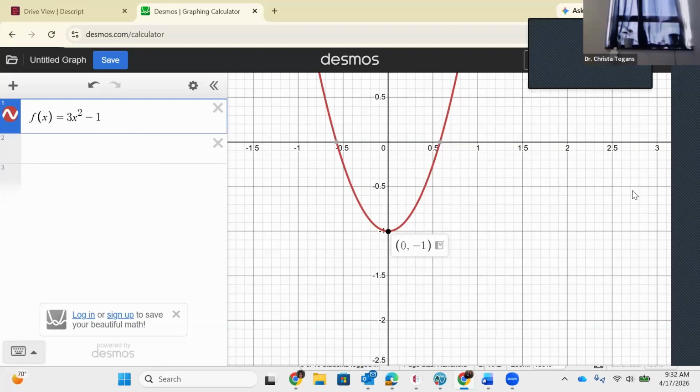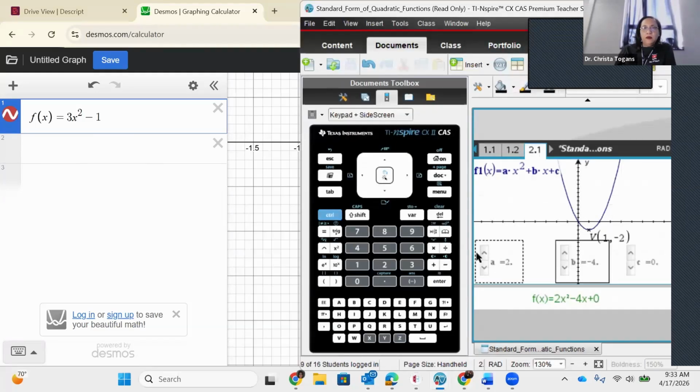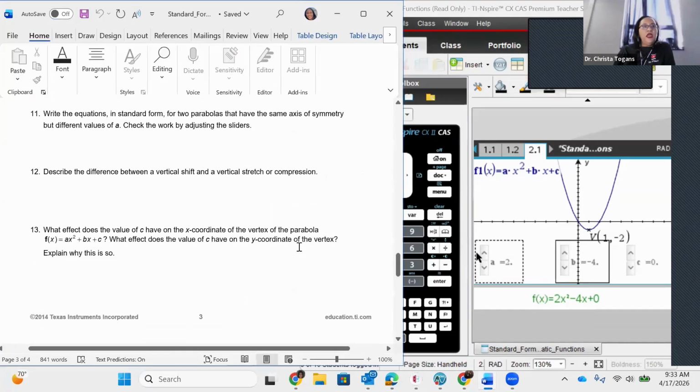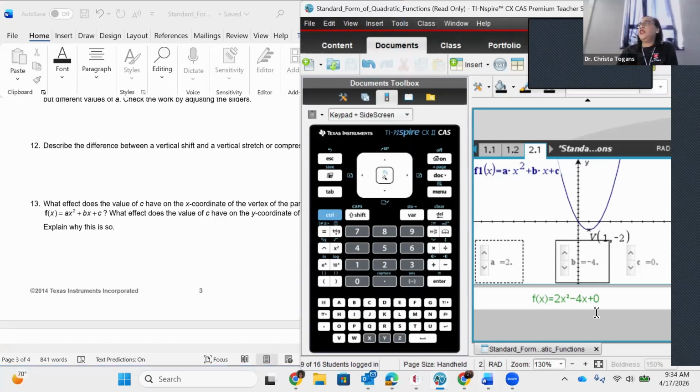Yep, that's right. Okay, does the value of C, did we answer that? Does the value of C have an effect on this graph? We're on 13, right? Does the value of C have an effect on X? Okay, what value does C have on this graph screen?